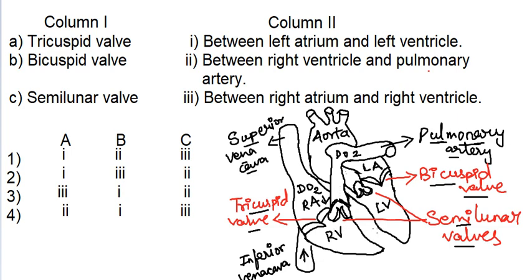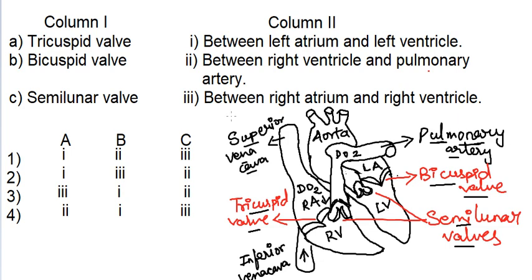Both these semilunar valves prevent the backflow of blood into the ventricles. The valves that prevent the backflow of blood into the atria are tricuspid and bicuspid, where tricuspid is present between the right atrium and right ventricle, and bicuspid between the left atrium and left ventricle.